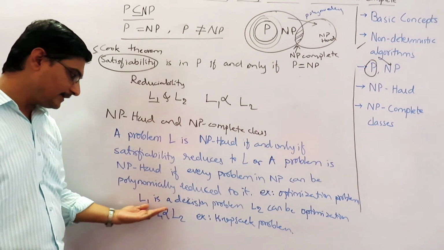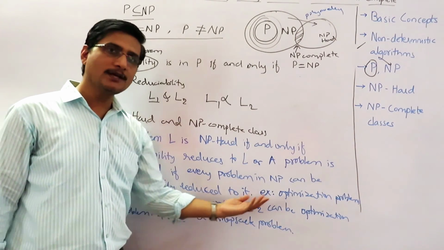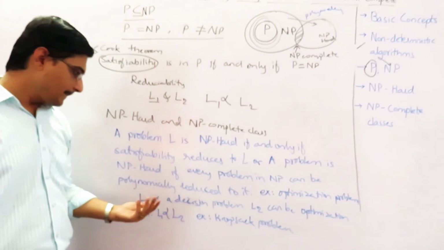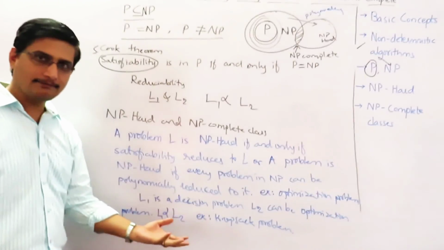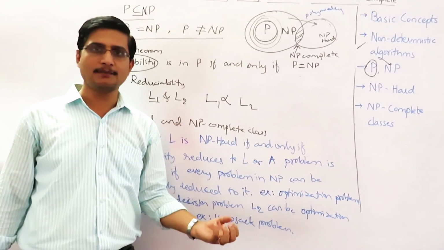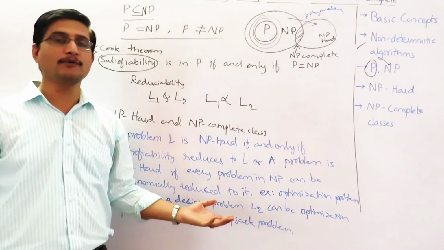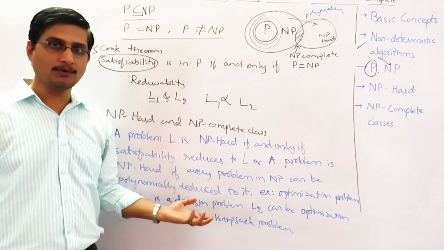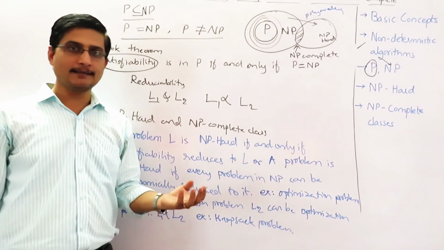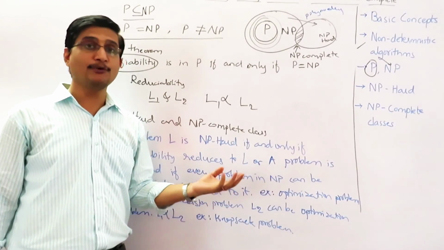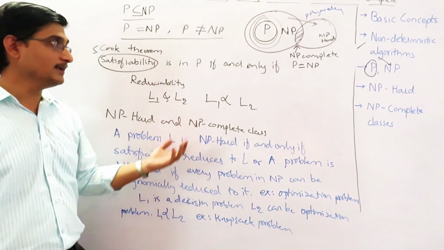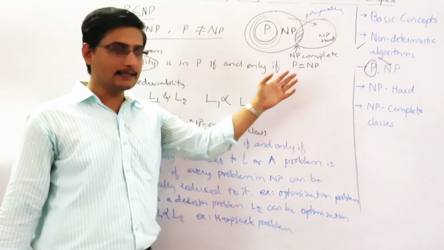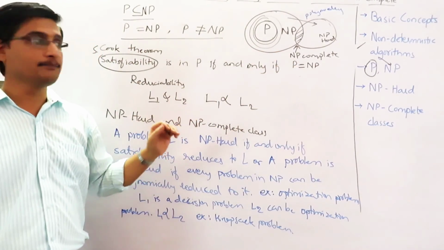Say, for example, L1 is a decision problem, L2 is an optimization problem. If we are able to convert, for example, the knapsack problem, which is an optimization problem, definitely we can convert it to a decision problem. Say graph coloring is an optimization problem. If we convert it to the M coloring problem, then it is a decision problem. If we are able to convert like that, then it is an NP hard problem.